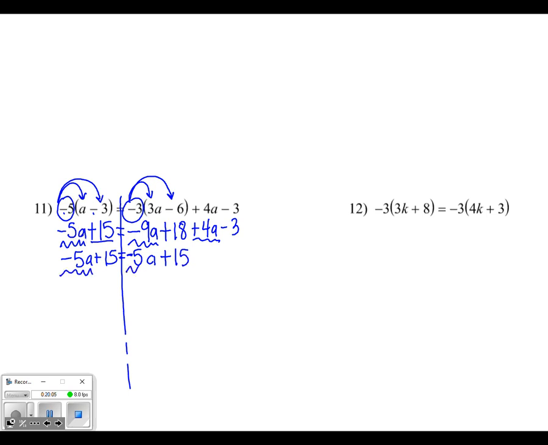Here's my variable term, here's my other variable term. Constant, constant, everything's the same. What does that mean? It means all solutions. This one's a little easier to check than no solution, because I can plug in a 0, and that will make it super easy. Watch this. -5 times -3 is positive 15.